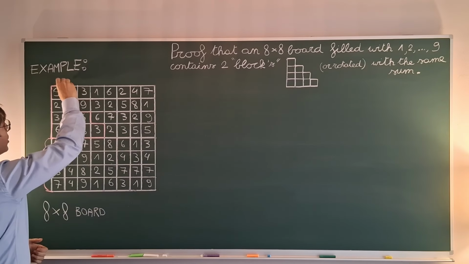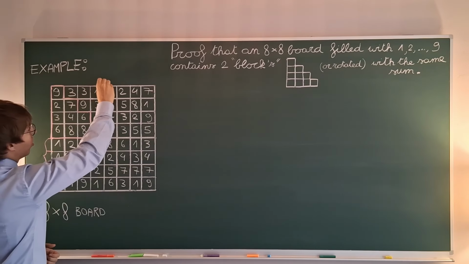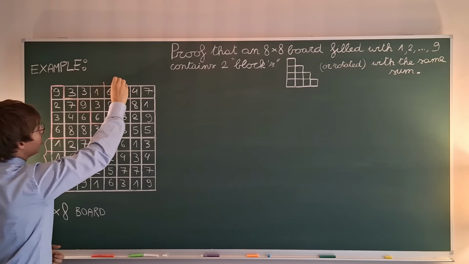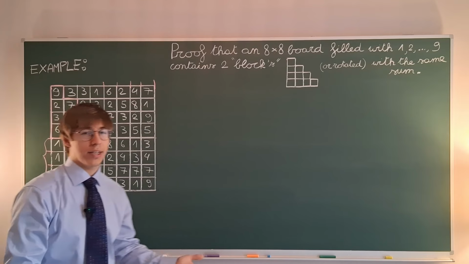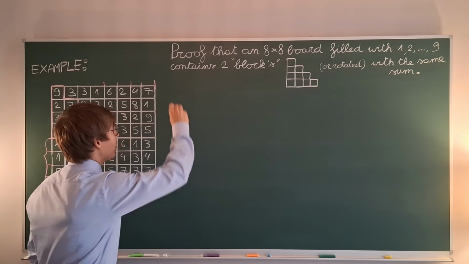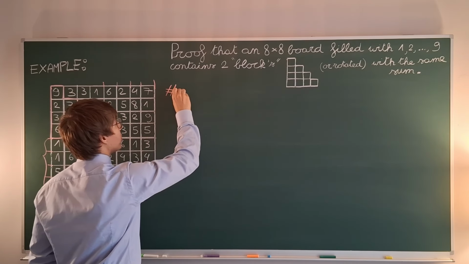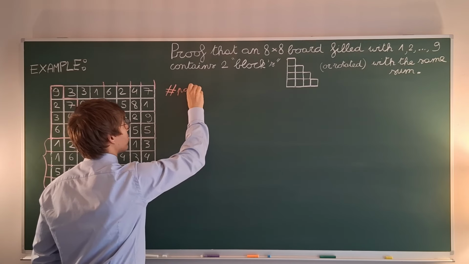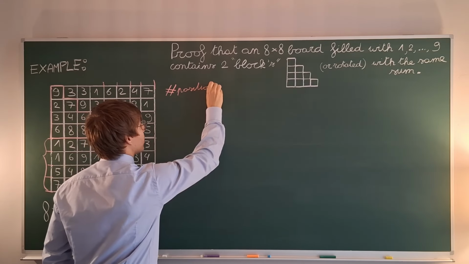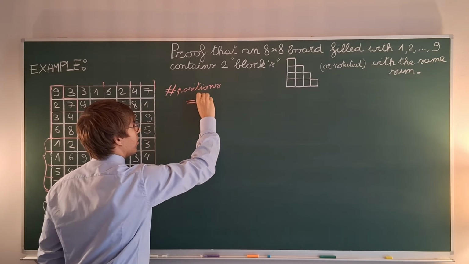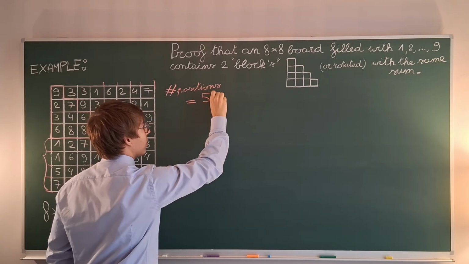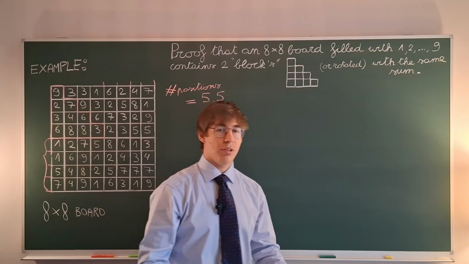But we can also move this in 1, 2, 3, 4, 5 ways to the right. So that means that the amount of positions is equal to 5 times 5, which is 25.